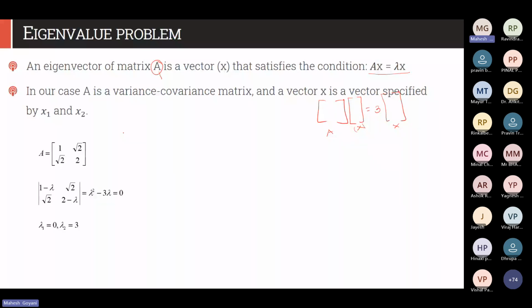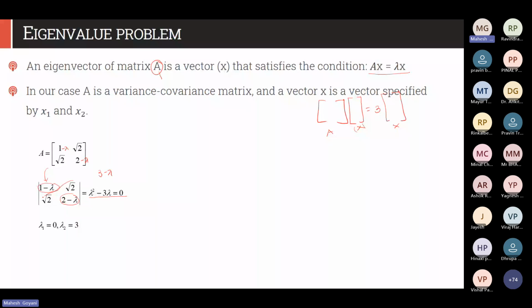Consider A is [1, root 2; root 2, 2], and I guess you are familiar with the power method to compute the eigenvectors and eigenvalues. To do that, we have to subtract lambda from all the diagonal values. If it is 3 by 3, then there will be one more element, from which we also subtract lambda. Then we have to compute the determinant of that. That will be (1 minus lambda) into (2 minus lambda) minus root 2 into root 2.